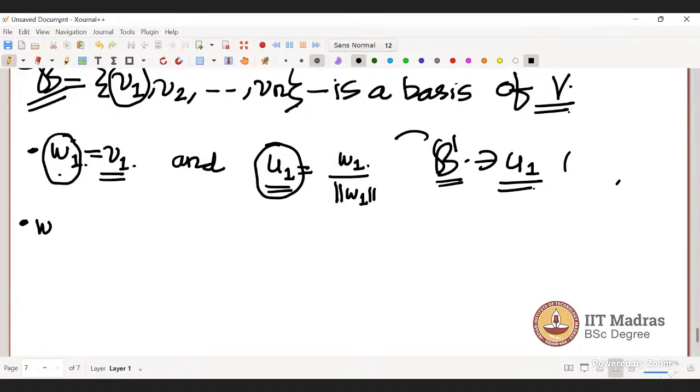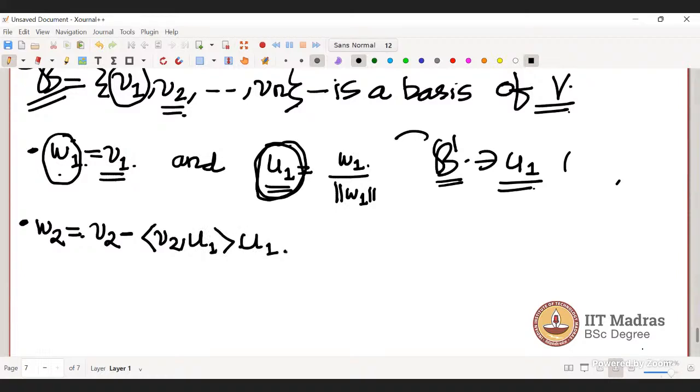So next you define W2 as V2, the second vector, minus the inner product of V2 with U1, times U1.